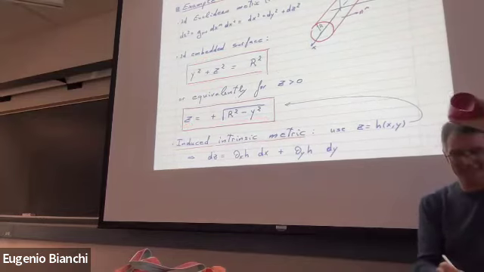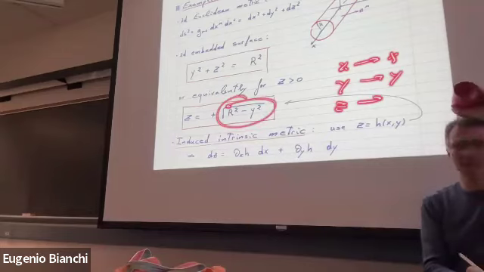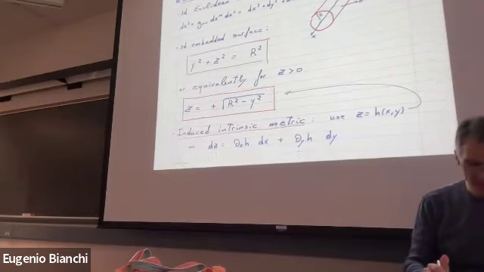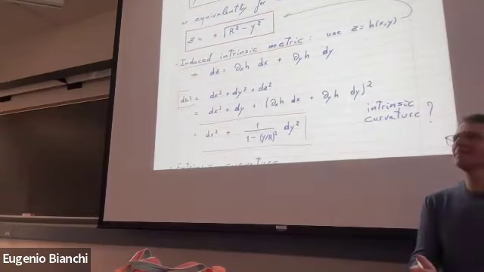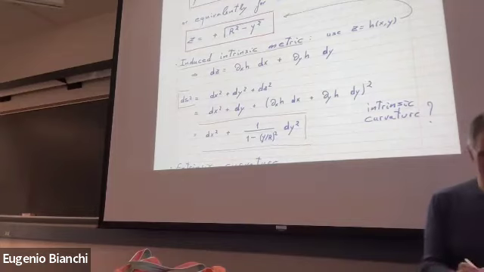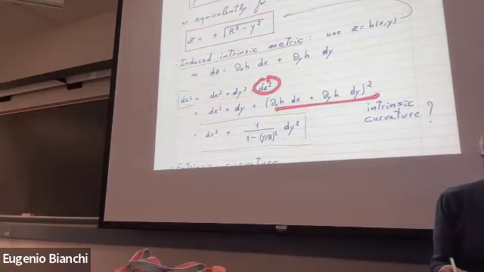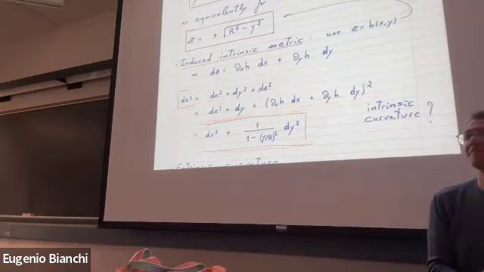That's an embedding. x goes into x, y goes into y, and z goes into this, plus or minus, so that you get both parts. Okay? This gives you an immediate way of determining the metric, because you know the metric of space, then you have dz, you can plug it in here, and you get the intrinsic metric. Okay? Simple calculation. So now you know what the intrinsic metric is.